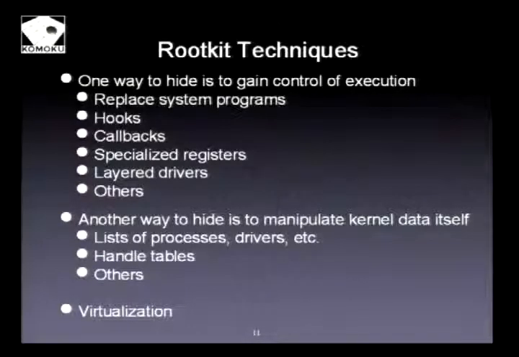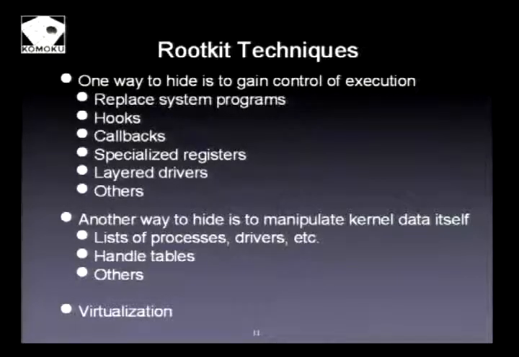Another way to hide your presence is to manipulate kernel data yourself. A couple years ago, I pioneered a rootkit called FU, and it used a technique called DKOM, direct kernel object manipulation.